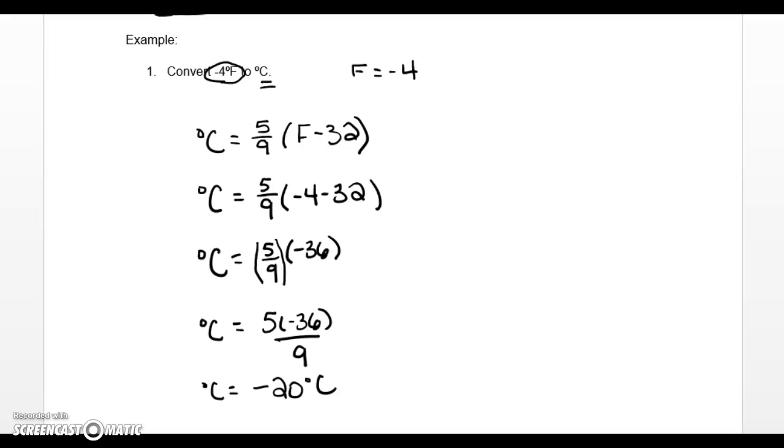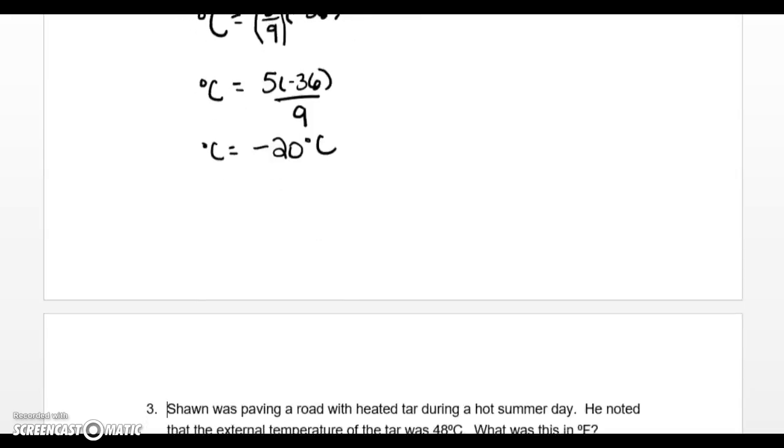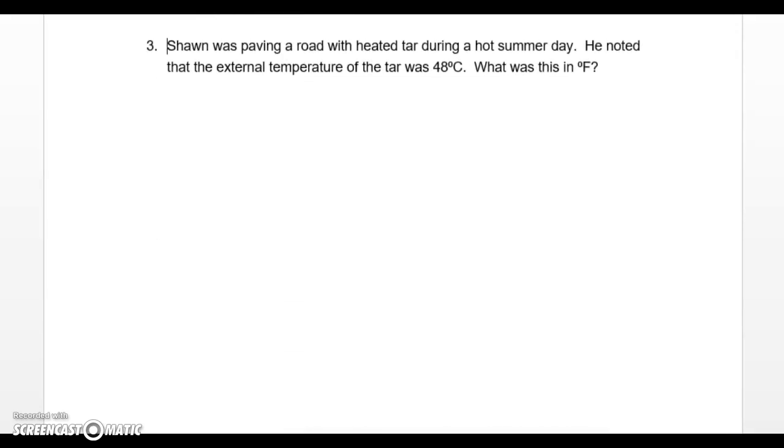So now let's move on to example number 3 from your notes. Sean was paving a road with heated tar during a hot summer day. He noticed that the external temperature of the tar was 48 degrees Celsius. We want to know, what is this in degrees Fahrenheit? Step number 1, like our last example, is to start by writing that formula.